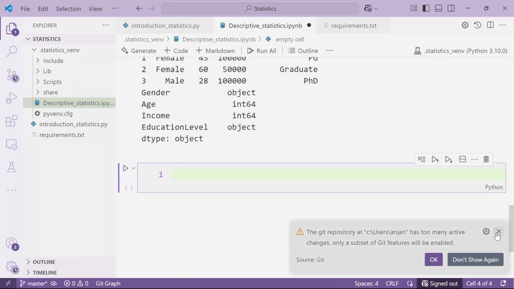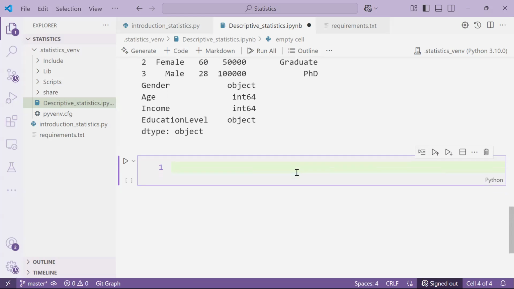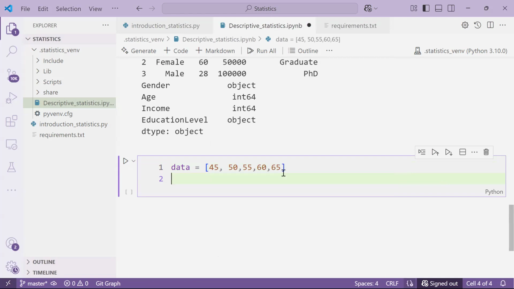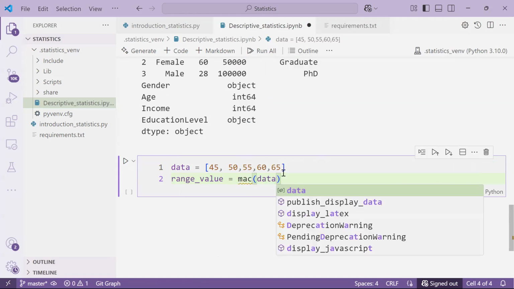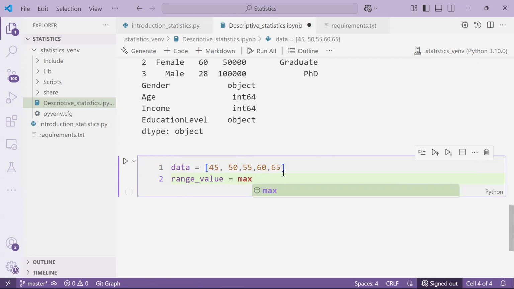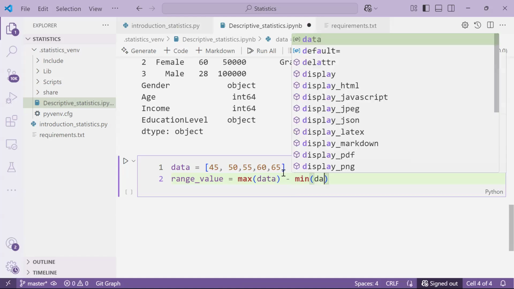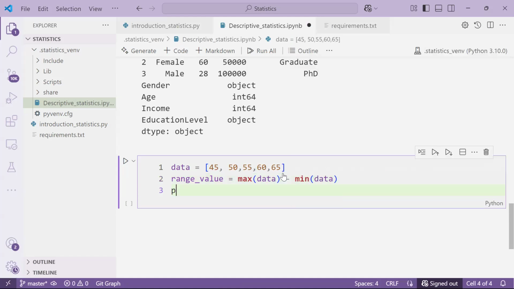Or else we can take some new data points. I have data points like 45, 50, 55, 60, and 65. This is my data. If I want to calculate the range value, the function is max of your data minus min of your data. Simply, that is your range value.